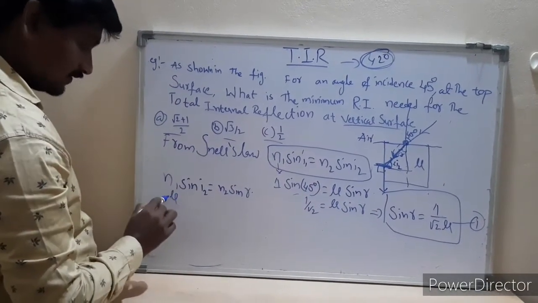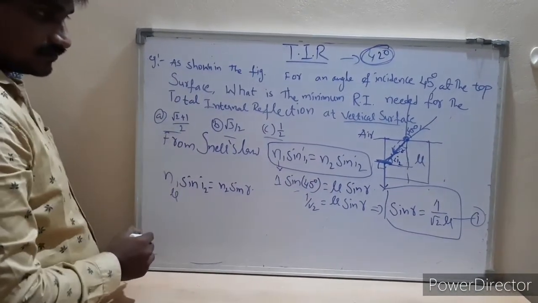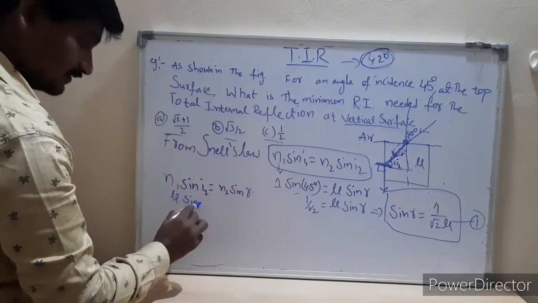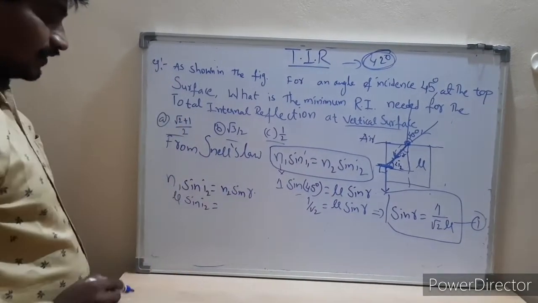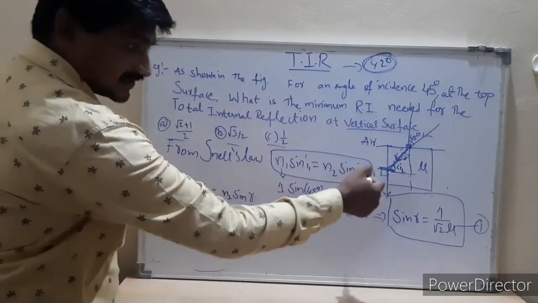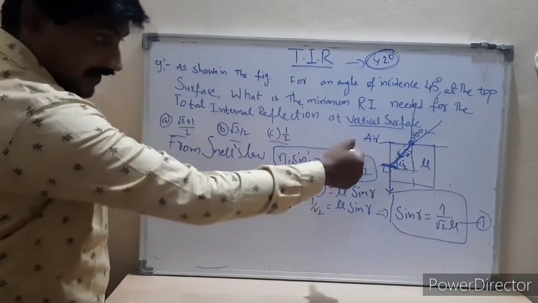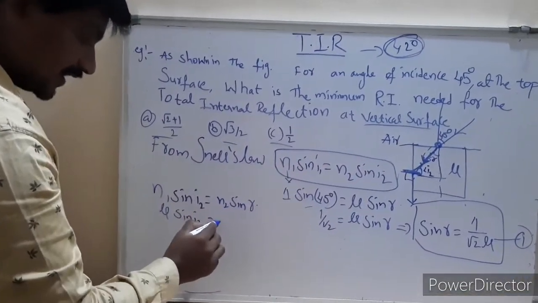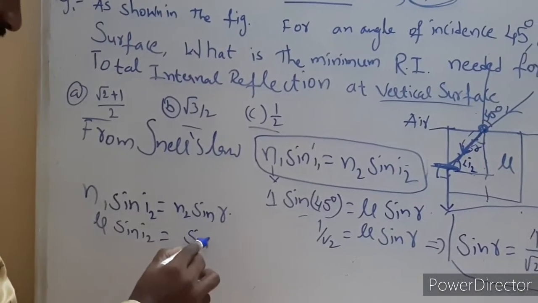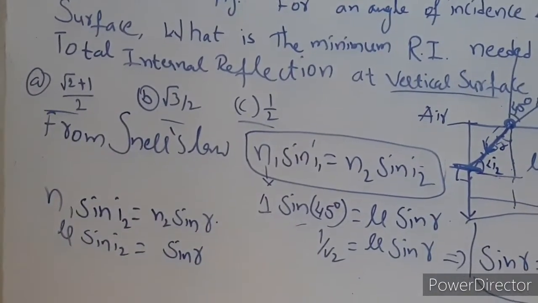Sine I2 means the incident angle from here, that we also don't know. Now N2 sine R means it is trying to go into the medium of air, so N2 equal to 1, therefore sine R as usual is the refracted angle.